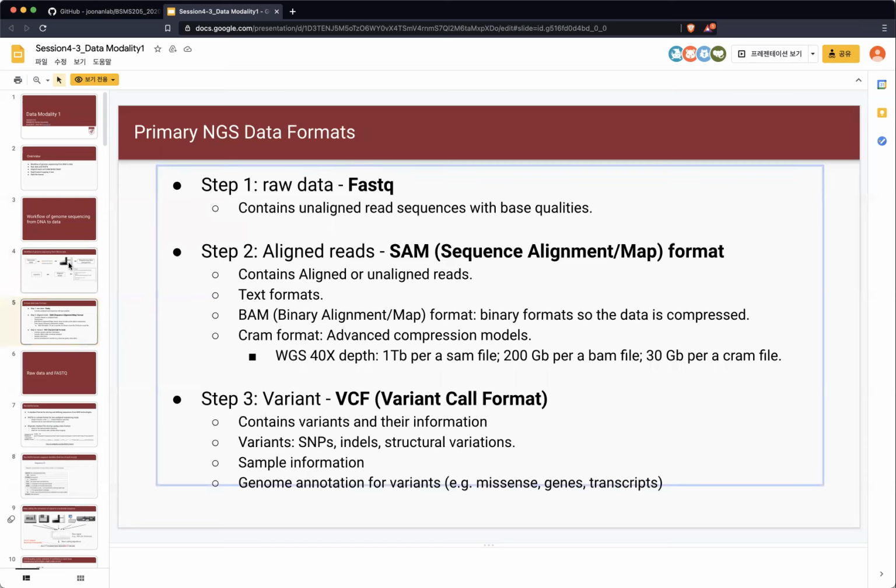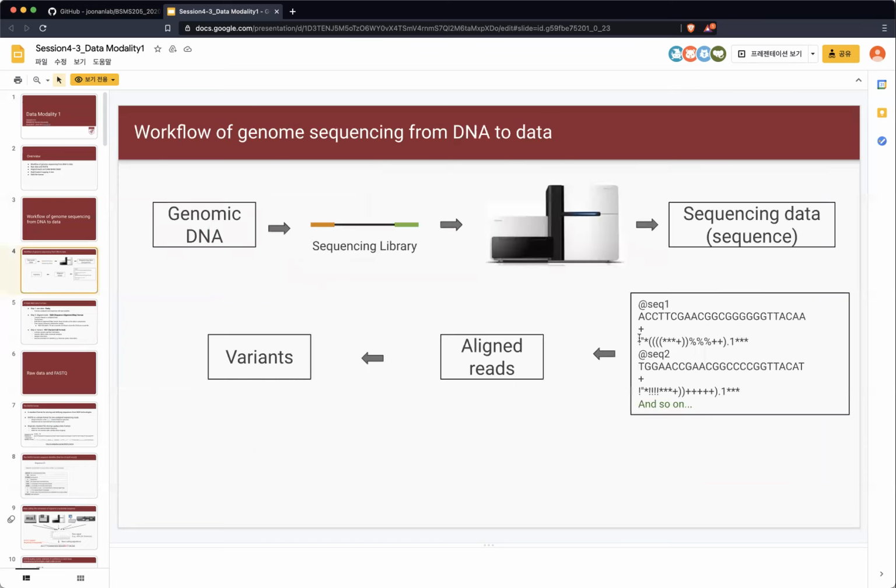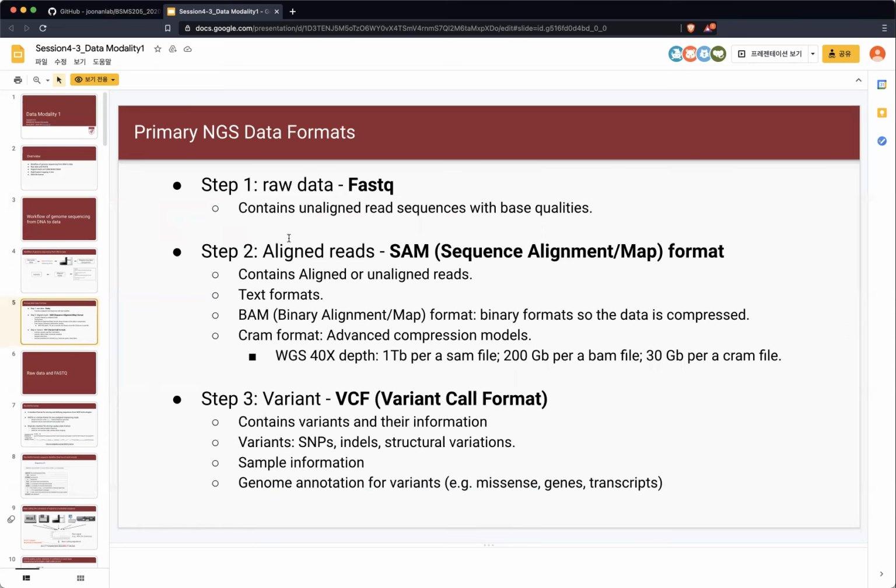So this Fastq information is the one we see in this slide, right? And then once you get the raw data, you align it to the reference genome, then you get the aligned reads. So basically your read sequence is aligned to the reference genome. Then you have the location and you know the positions of the reads on the reference genome.